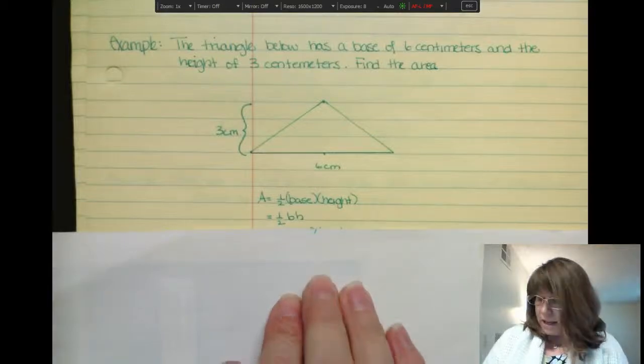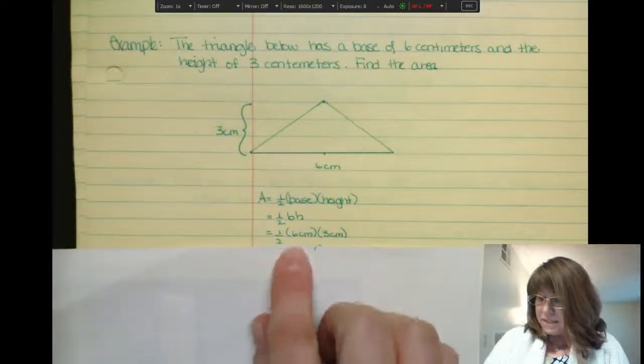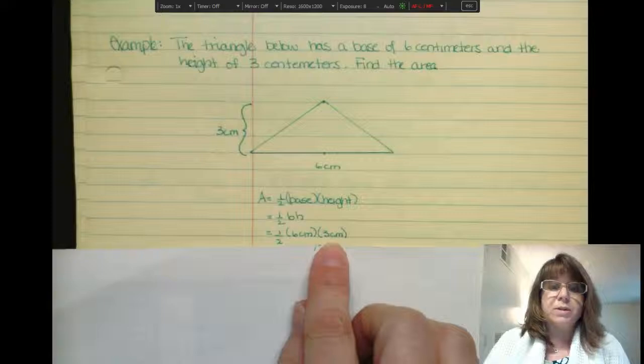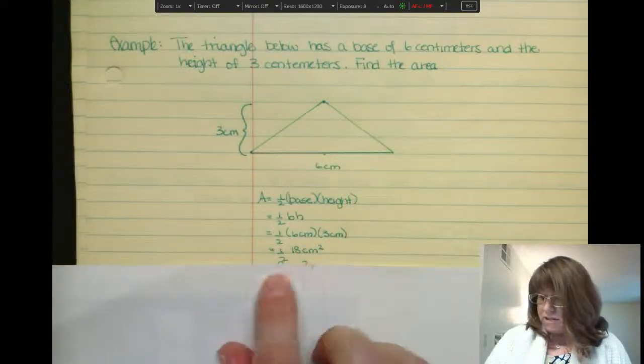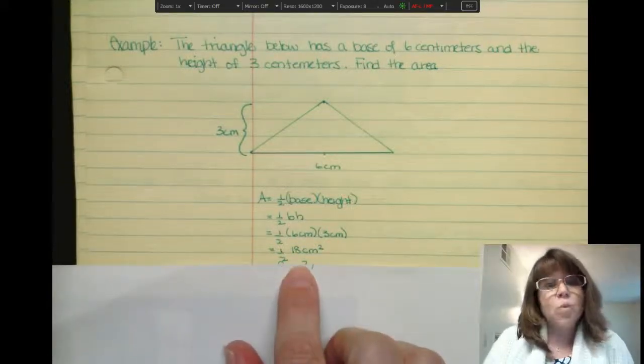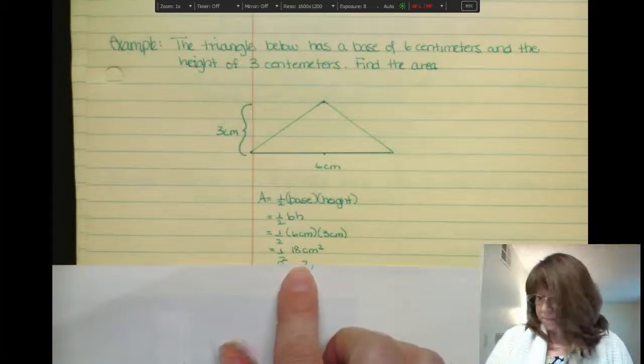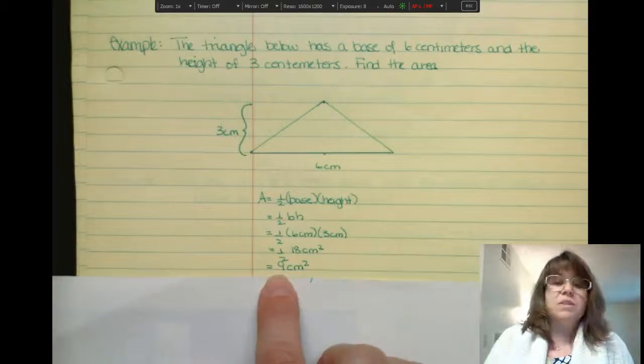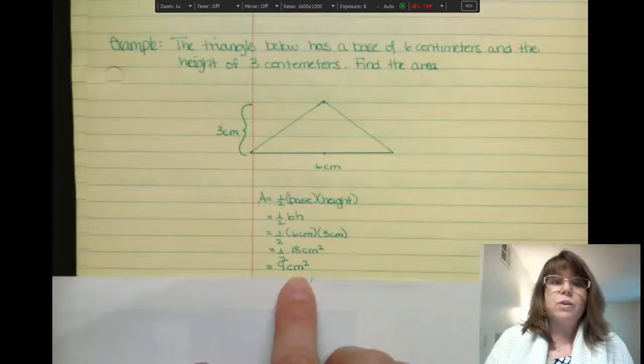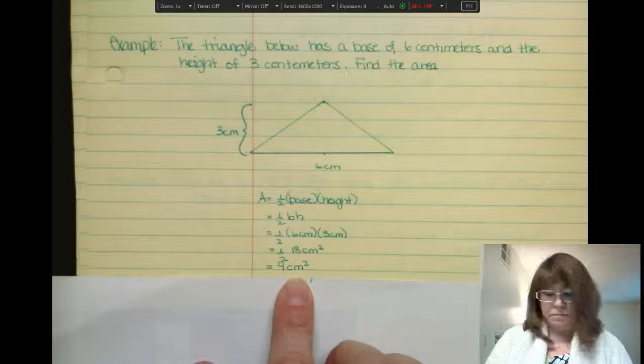So 1/2 times 6 centimeters times 3 centimeters gives me 1/2 times 18 centimeters squared, because remember we are multiplying centimeters and centimeters. That leaves us with 9 centimeters squared as the area of the triangle.